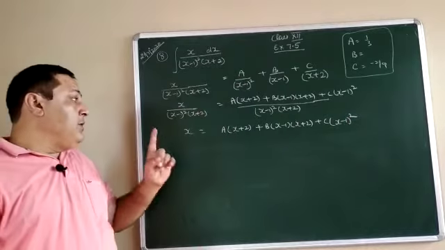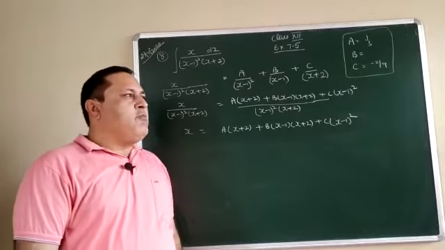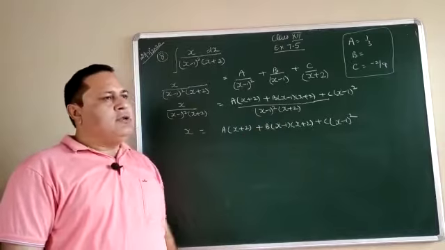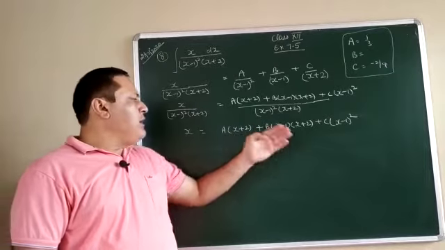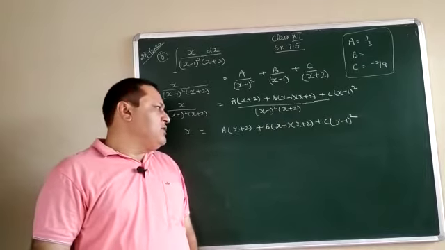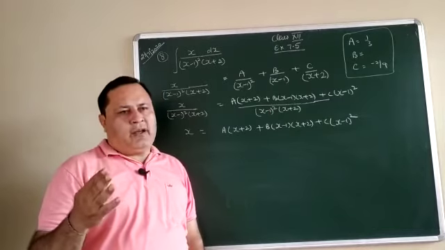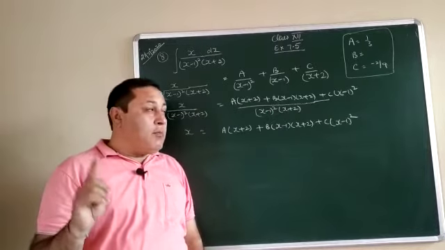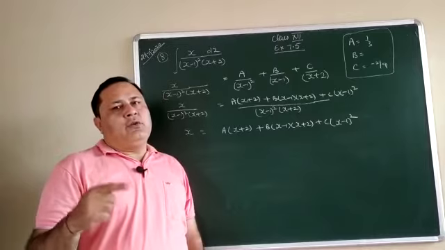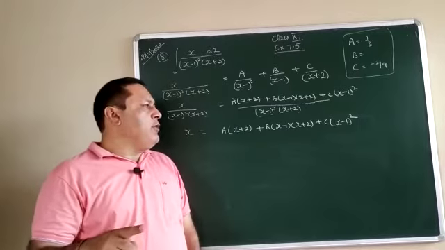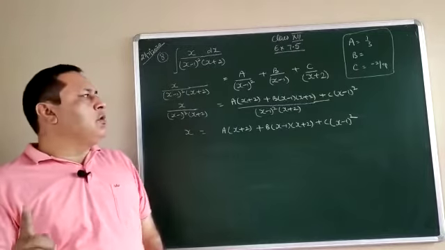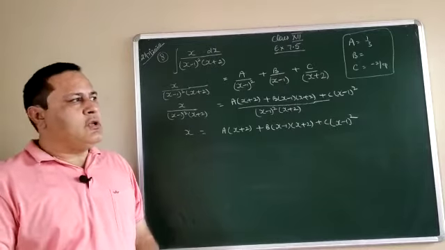Now there is a need to calculate the value of b. When no component is available, you can substitute any value of x, whatever you want. But remember, repetition of a value is not allowed. Whatever value you already substituted, you can't use the same value again; you use a new value.